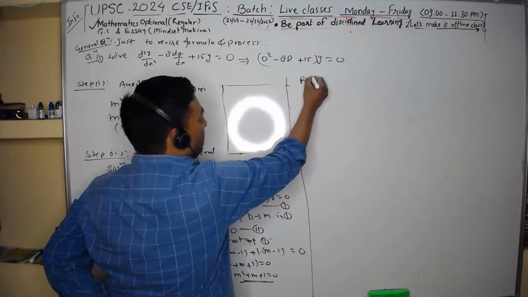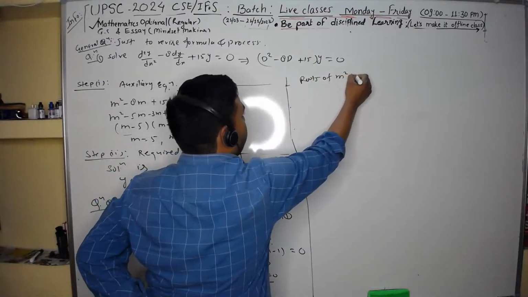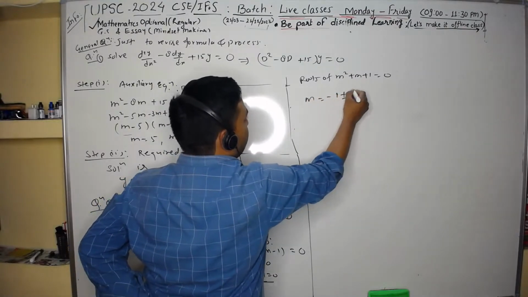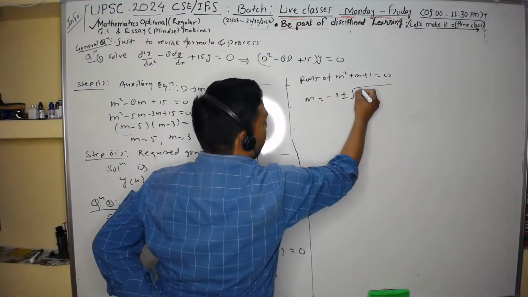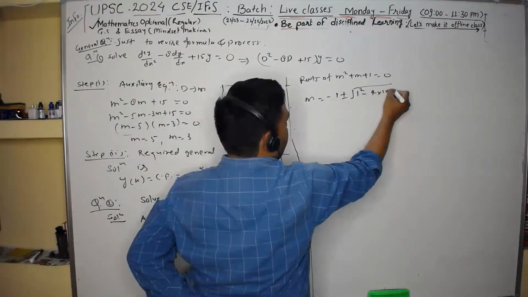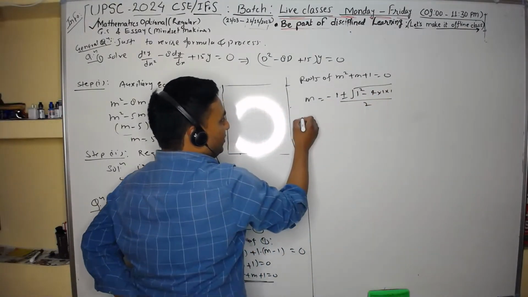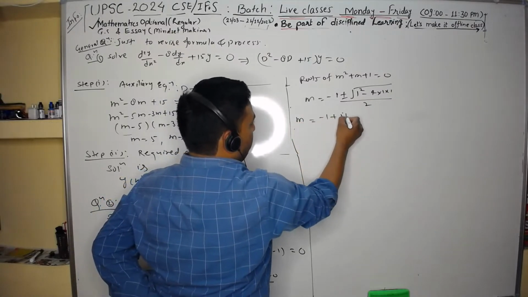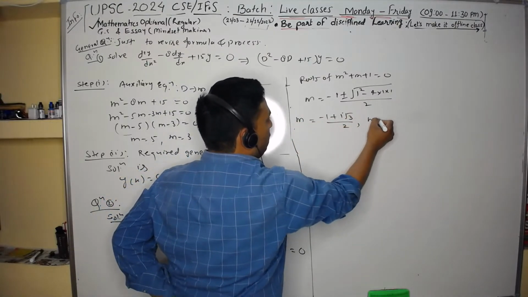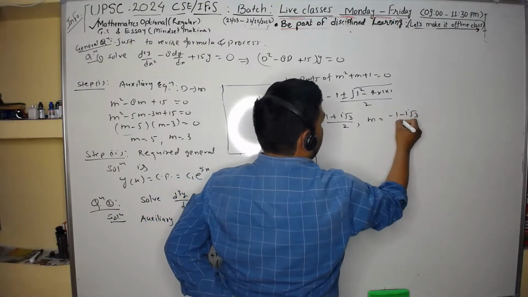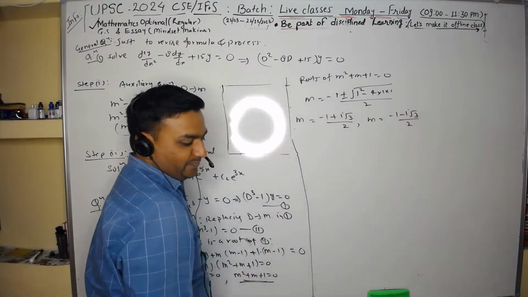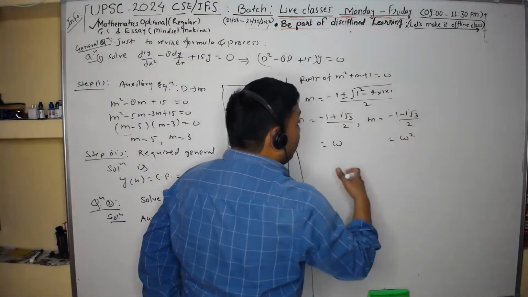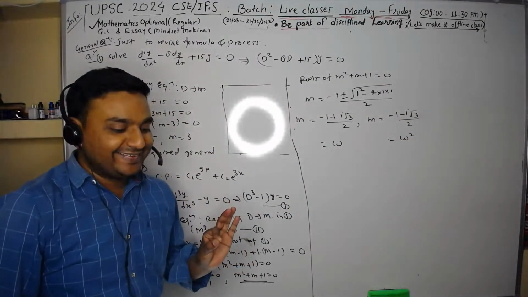So the roots of m square plus m plus 1 equals to 0, by Sridharacharya method: b square is 1 square minus 4 into 1 into 1, divided by 2. So you will get m equals minus 1 plus iota root 3 by 2 and m equals minus 1 minus iota root 3 by 2. One you represent by omega and this you represent by omega square. Fair?